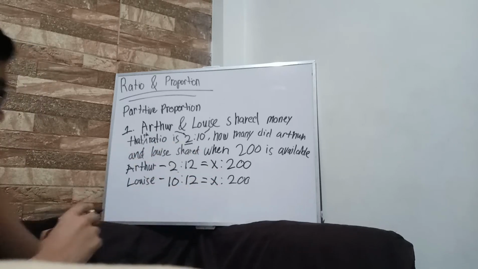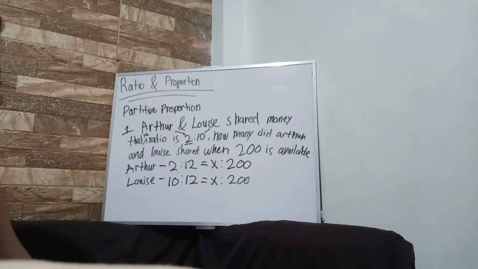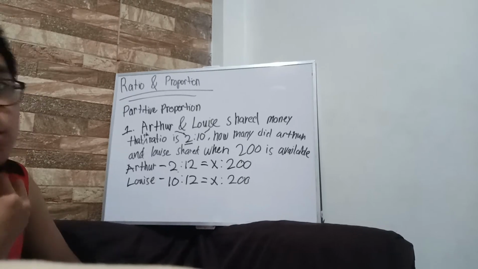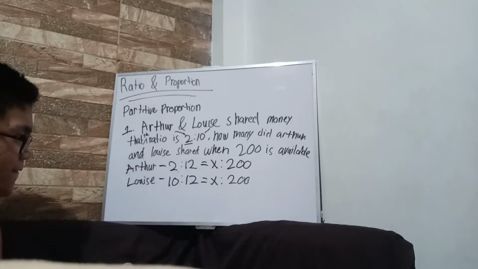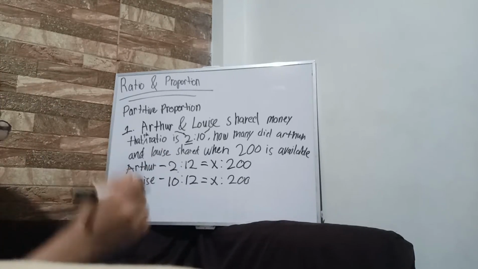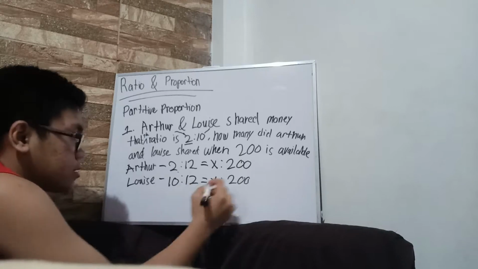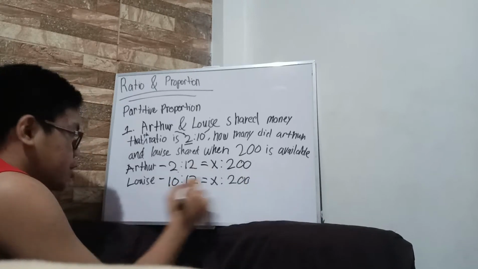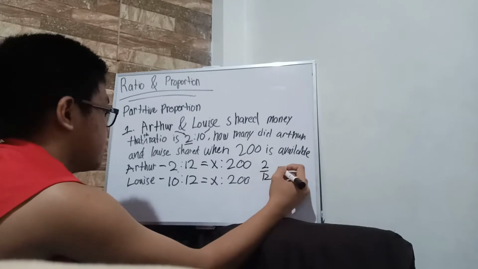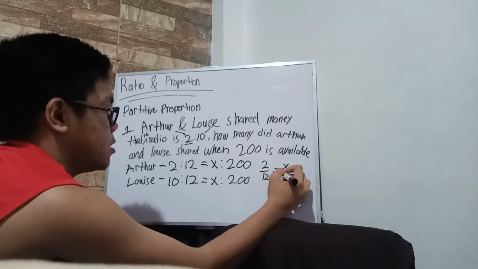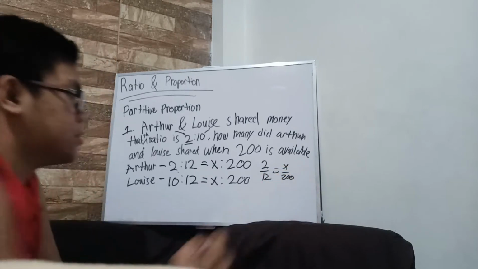So first we will do Arthur. I said I will not speak English. 2 is to 12. We will make it a fraction first. So for Arthur, 2 is to 12 is equal to X is to 200.